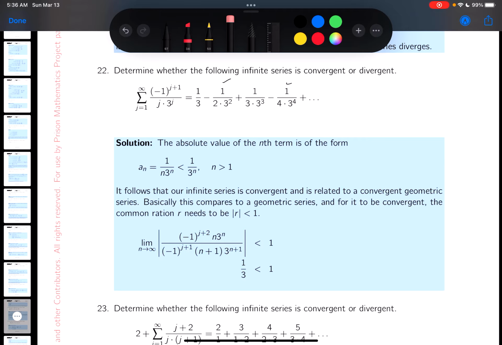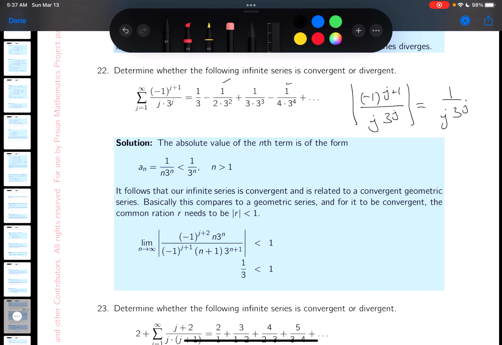I don't know about many things, but certainly looking at it, I'm going to say the absolute value of this term over here is going to be equal to, maybe I should write that down, the absolute value of (-1)^(J+1) over J, 3 to the J, is equal to 1 over J, 3 to the J. Remember, J is a positive number. It starts at 1 and goes off to infinity.